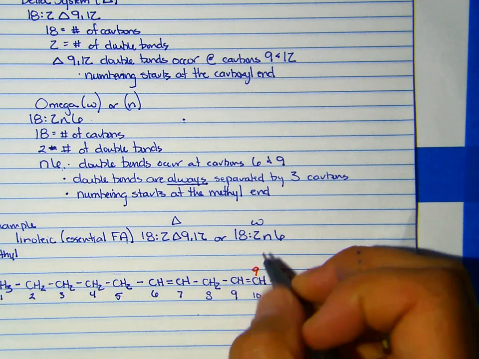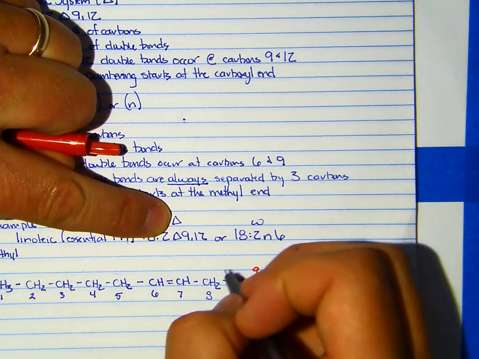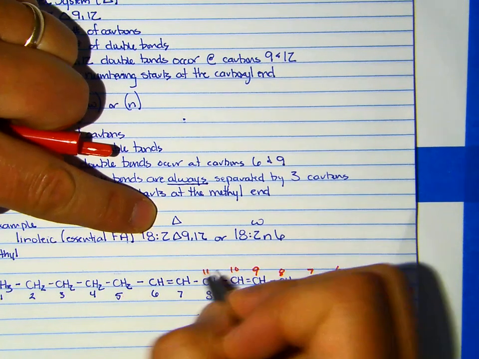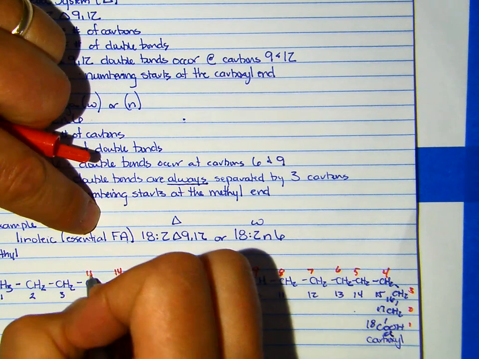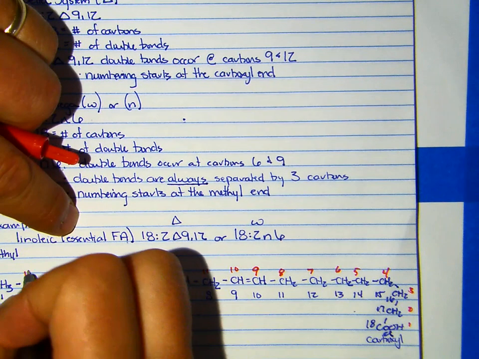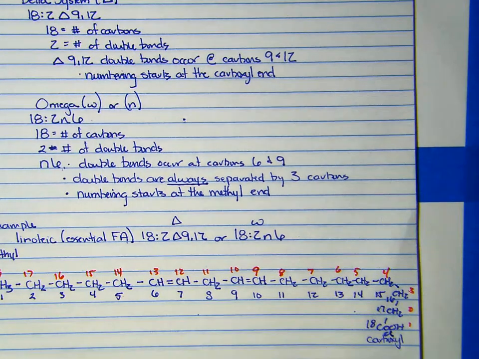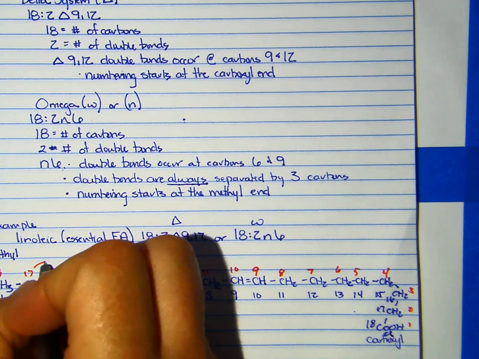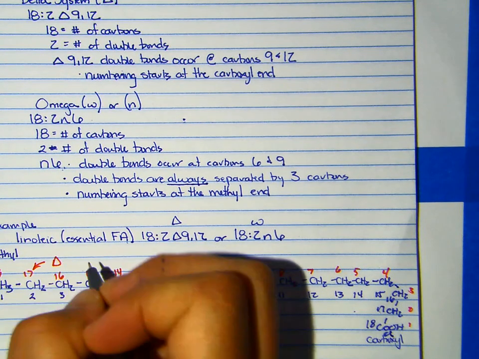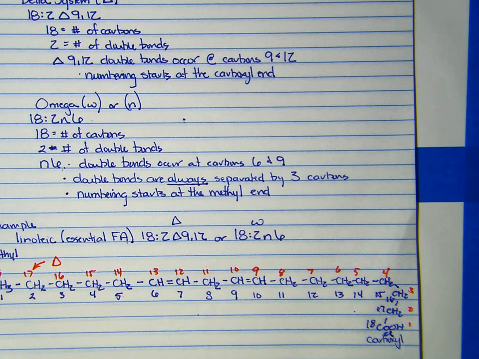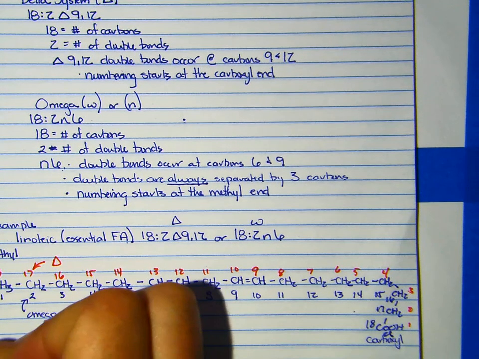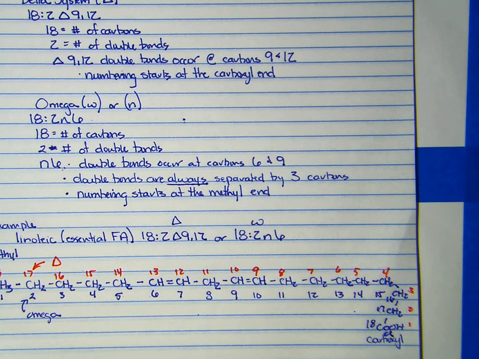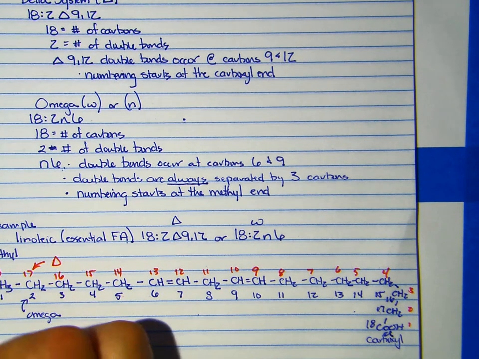So 9 is important because we said there's a double bond at carbon 9, 10, 11, 12, 13, 14, 15, 16, 17, and 18. So red numbers equal the delta system. Blue numbers equal the omega system.